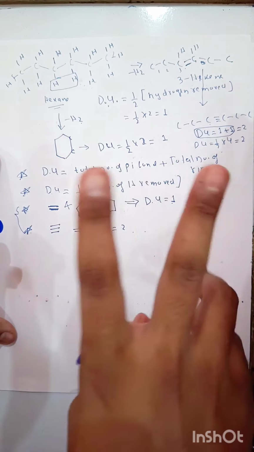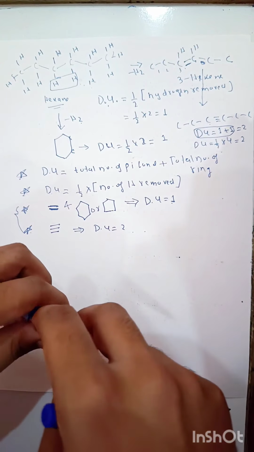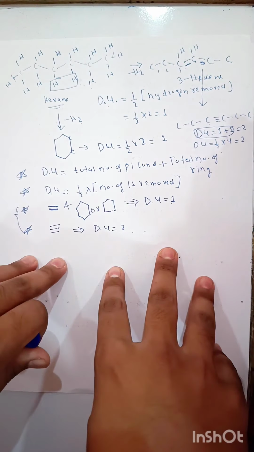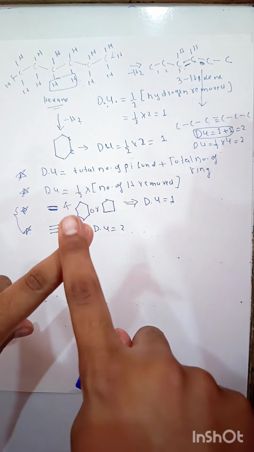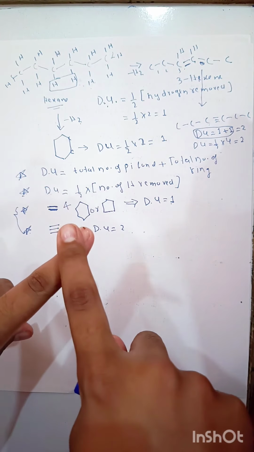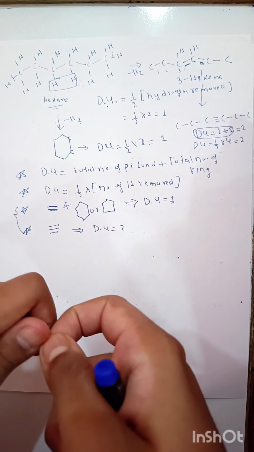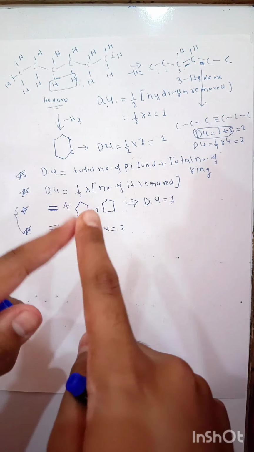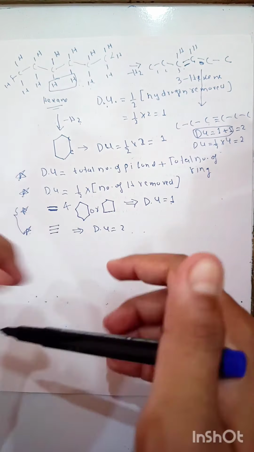Both we will be covering. First of all, we will take a basic understanding of the formula, and we will solve all the questions by formula. At the same time, I will be making structures of those compounds as well, showing what structures are possible for the compounds for which we are finding DU, but you shouldn't worry about that for now.